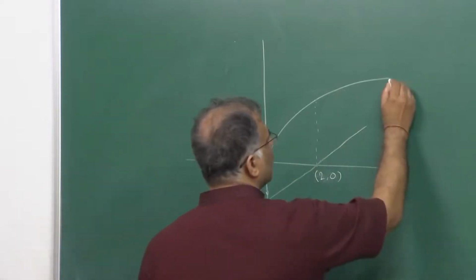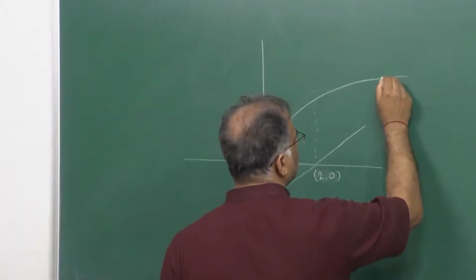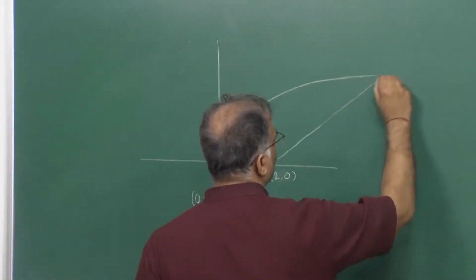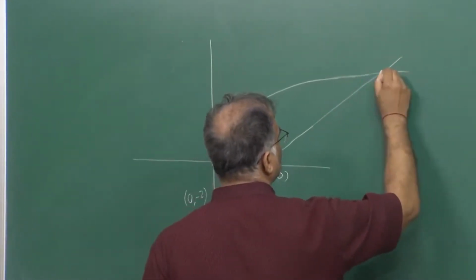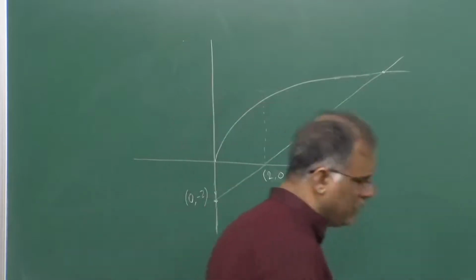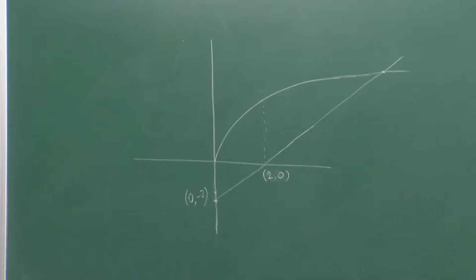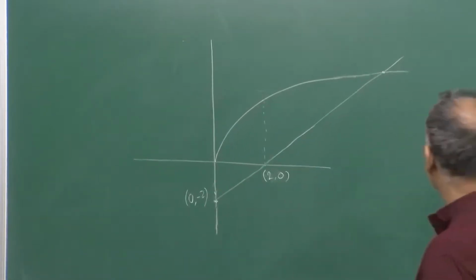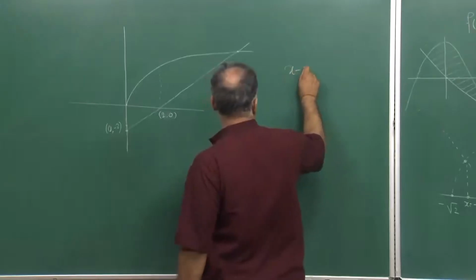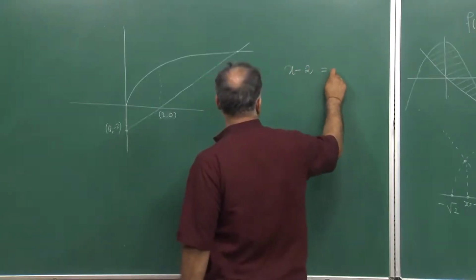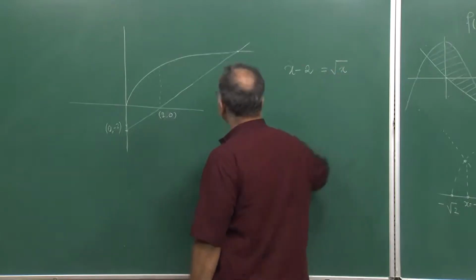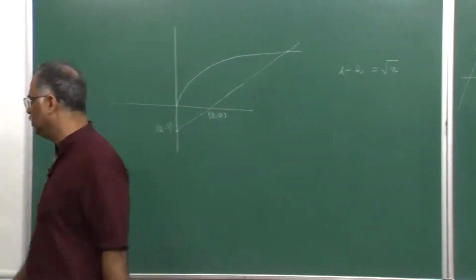So, it must be intersecting the curve somewhere. Where does it intersect? Where does this line y equal to x minus 2 intersect the curve? So, when is x minus 2 equal to root of x? What is that value of x?